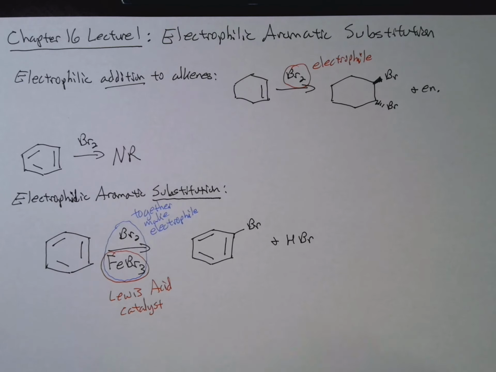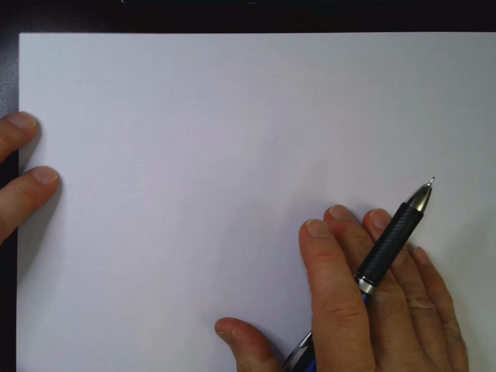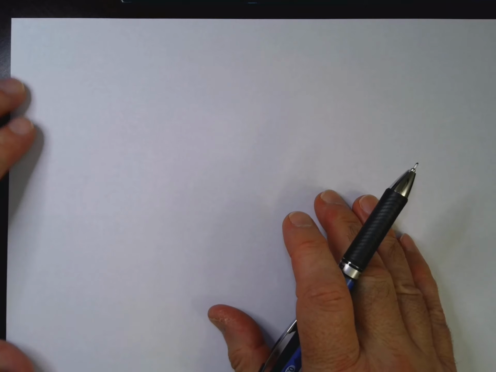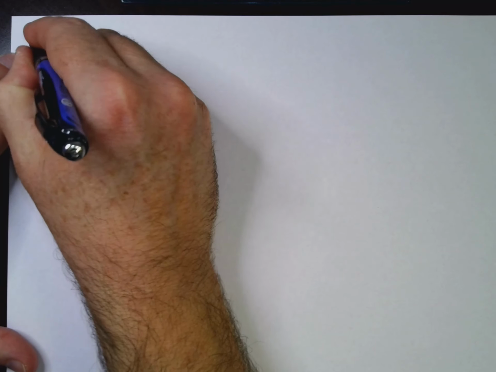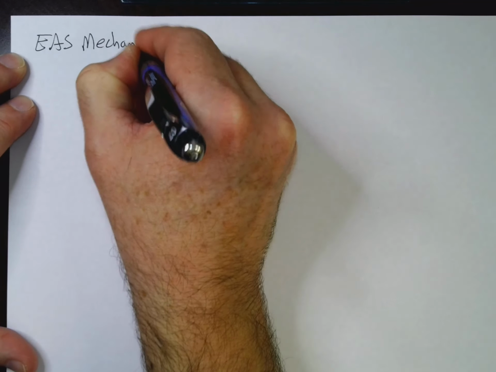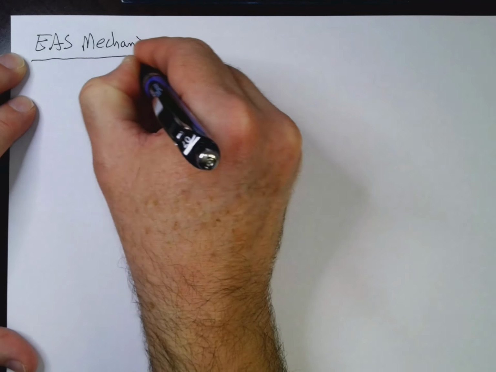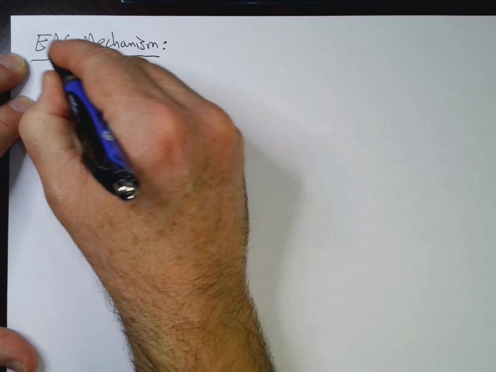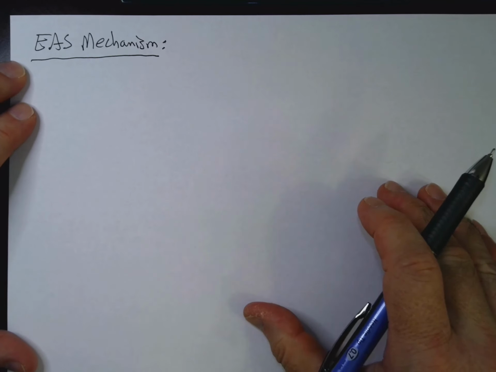I've got a new piece of paper here. Let's take a look at the mechanism in a little bit of detail. I'll abbreviate electrophilic aromatic substitution as EAS.